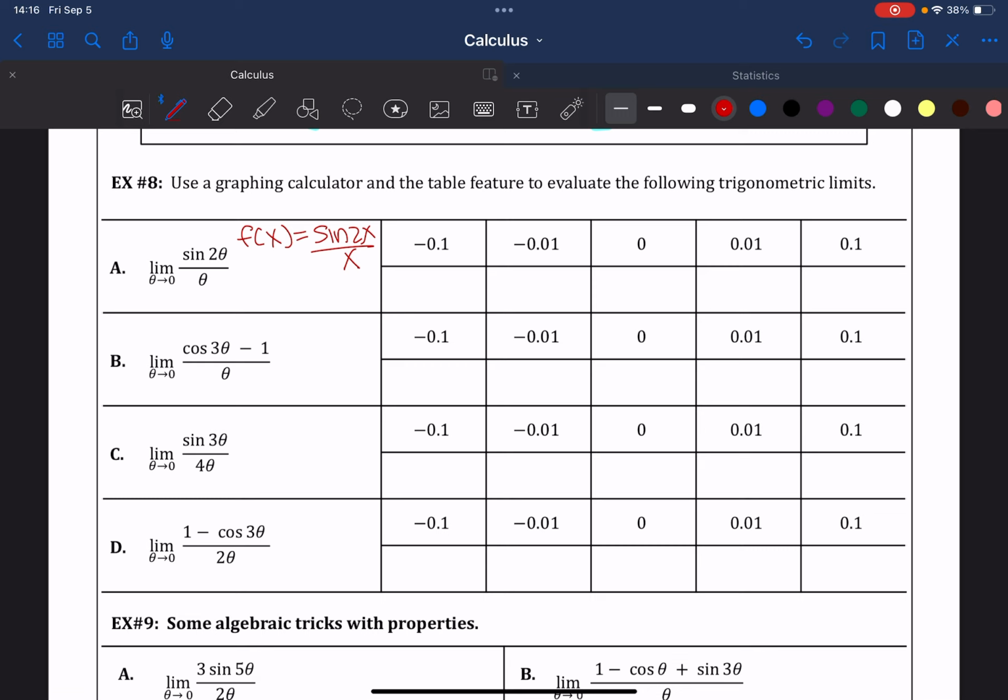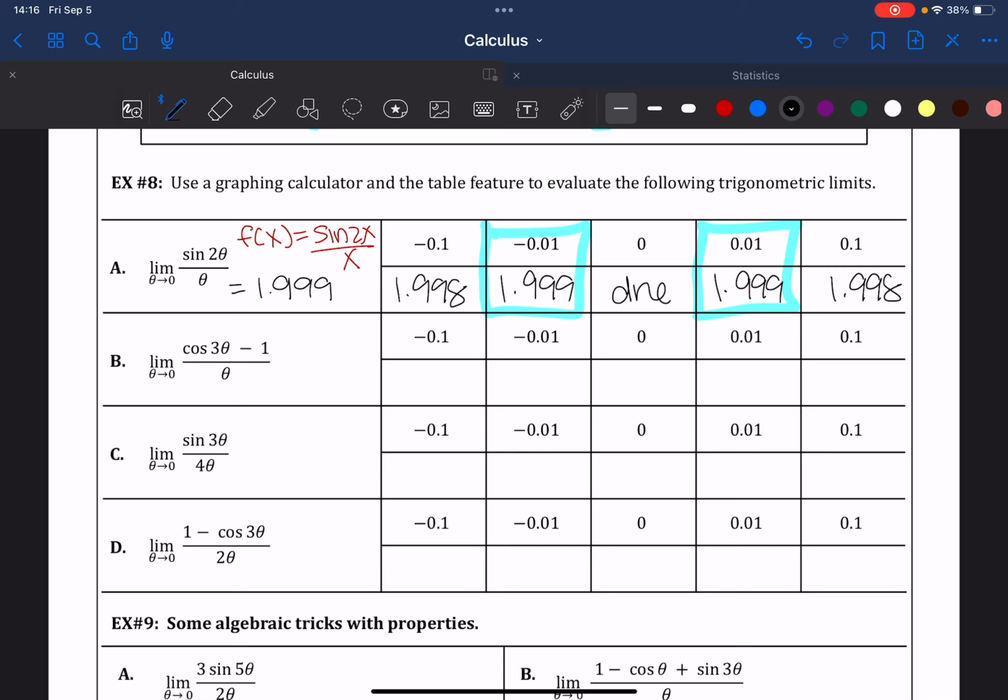And then you are going to create a table and plug in the x values, negative 0.1, negative 0.01, 0, 0.01, and 0.1, and get the following values. What you notice is that as theta approaches 0, and we look at both sides of that, we get the same value. So we can say that our approximate for this is 1.99.